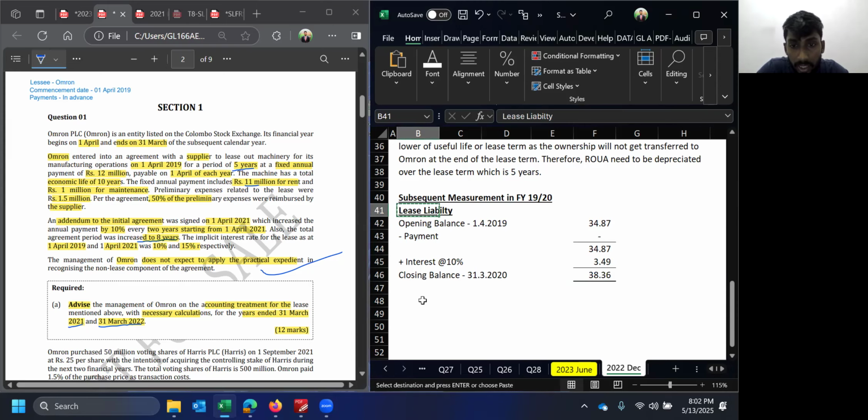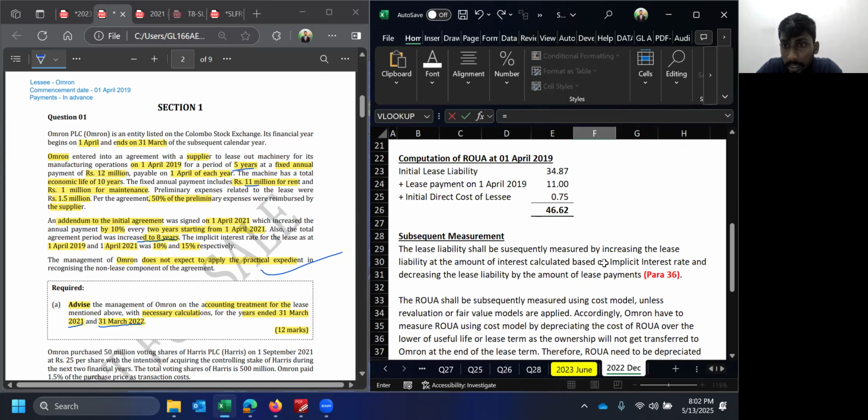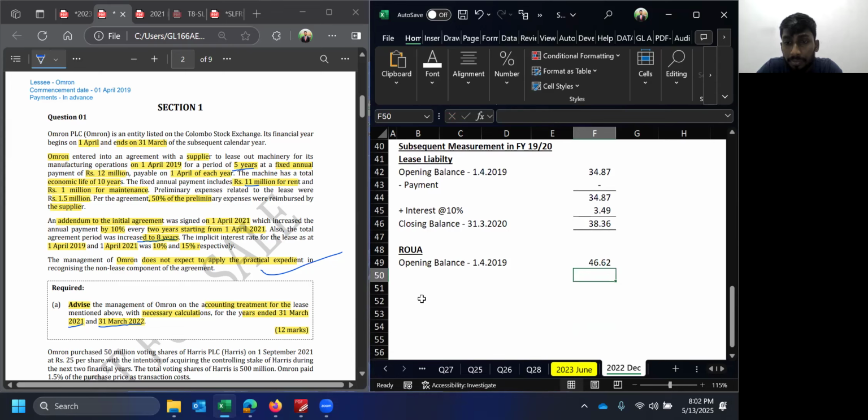Fine. Accordingly, now let's go with the right of use asset. I have my opening balance, 46.62. From that I need to deduct depreciation. Cost will be depreciated over 5 years, right?